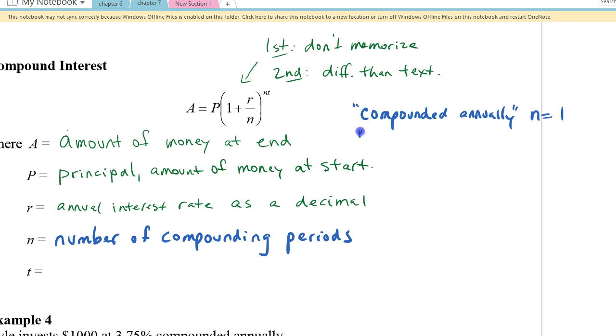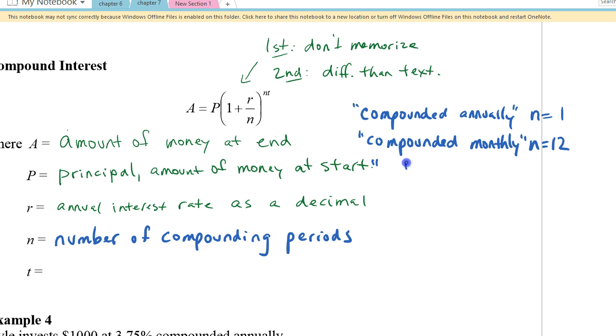If you see the words compounded monthly, how many times a year would the bank be adding interest? It would be adding 12 times. I'm not too sure how many other terms you're going to get besides compounded annually and compounded monthly.